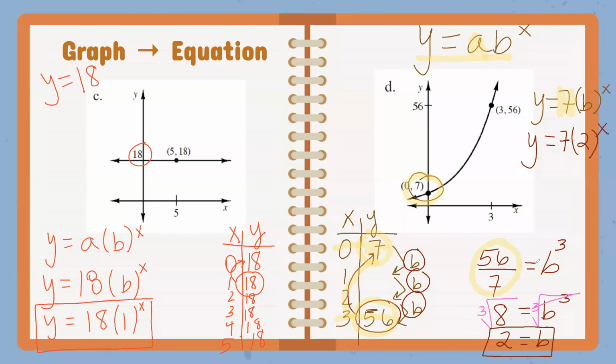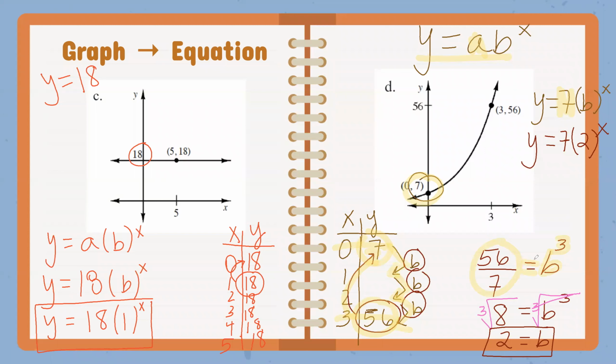And this time we equaled it not just to b, but b cubed, because that's how many times we would have to multiply the multiplier to get to the third term. So that's why I'm equaling it to b cubed. Now 56 divided by 7 luckily is equal to 8.